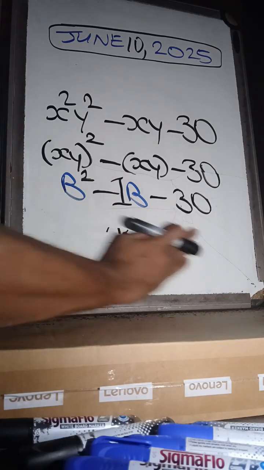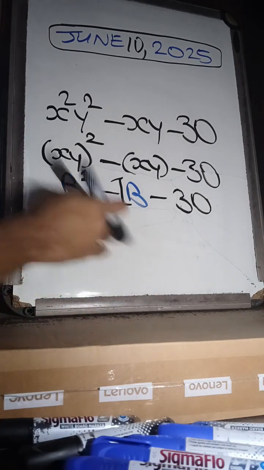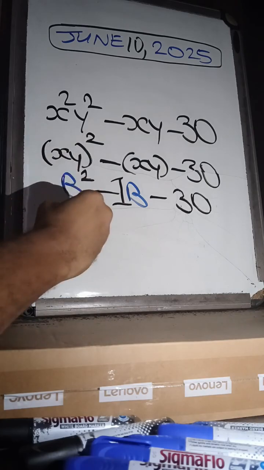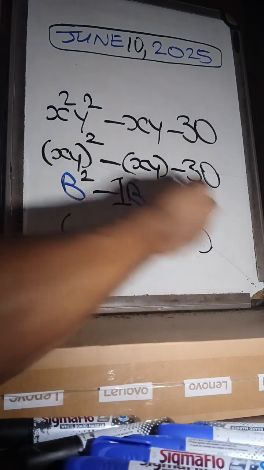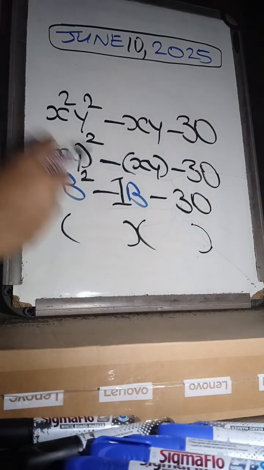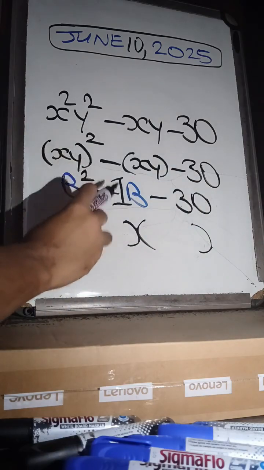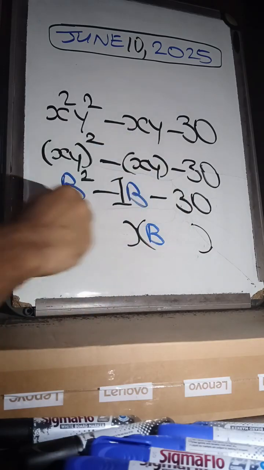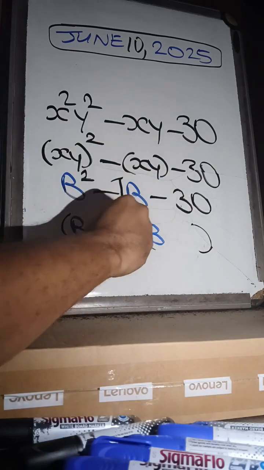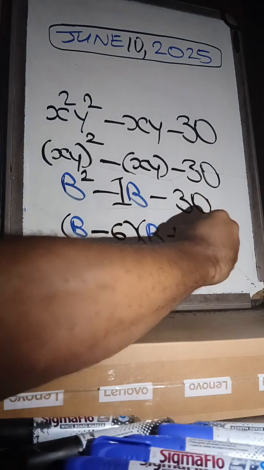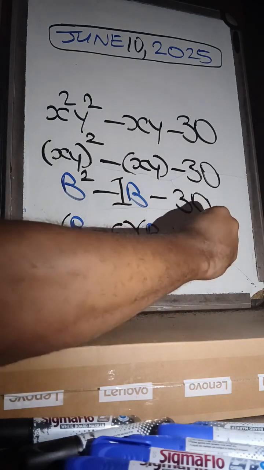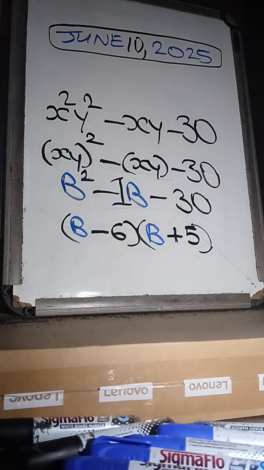So, when we're factorizing this now, we can say you can put a b here, then you would have a minus 6 with a plus 5.